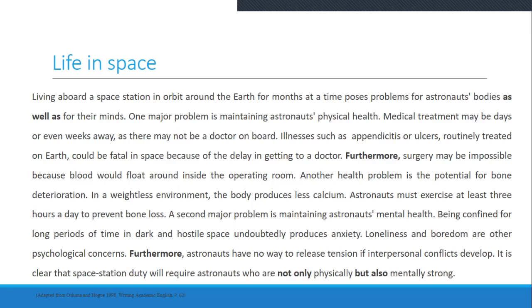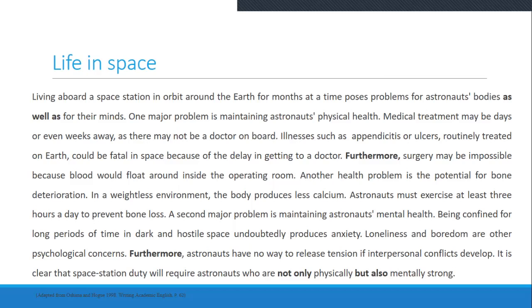Being confined for long periods of time in dark and hostile space undoubtedly produces anxiety. Loneliness and boredom are other psychological concerns. Furthermore, right? So the writer is explaining it in more detail. And here, look at these linking words, not only, but also, right? So this is another good concluding sentence.